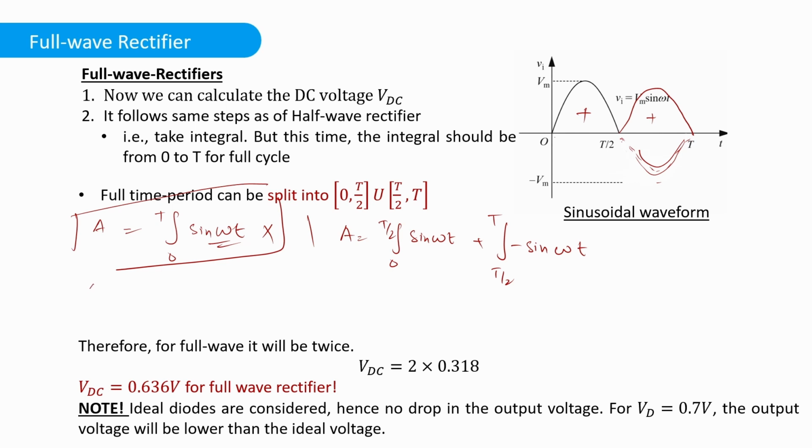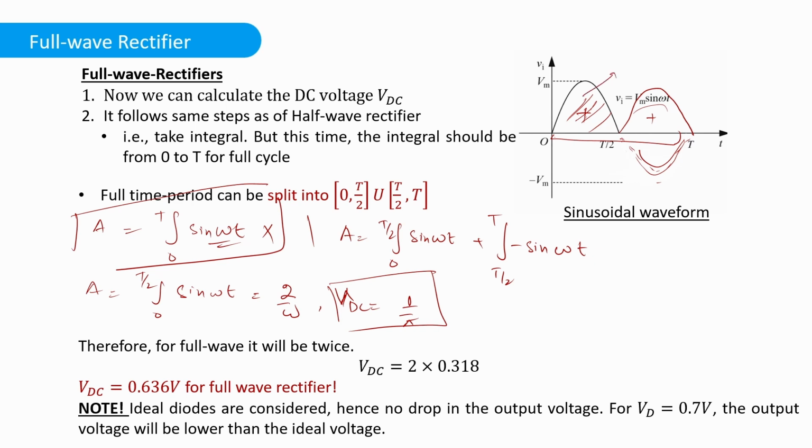We already calculated the area for the half wave rectifier sine omega t, and this was 2 by omega, and we calculated its DC voltage as 1 by pi. So this is the same signal as the previous one, right? So it doesn't change. What we can do is simply multiply this area by 2 to obtain the area of this full time period, right?